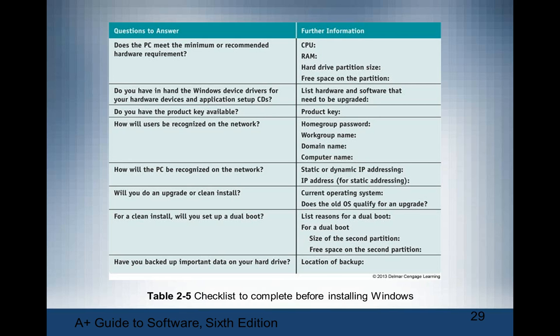Hardware and software that needs to be upgraded, that's from the Upgrade Advisor. Actually, I found that Windows 7 will kind of check it before it goes and say, you're going to have a problem. Can't upgrade because of this or because of that.